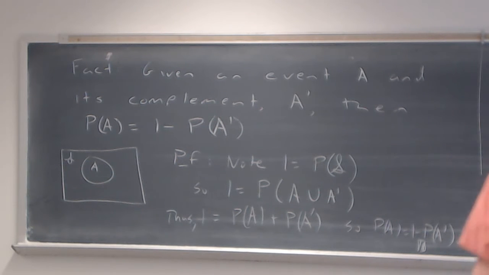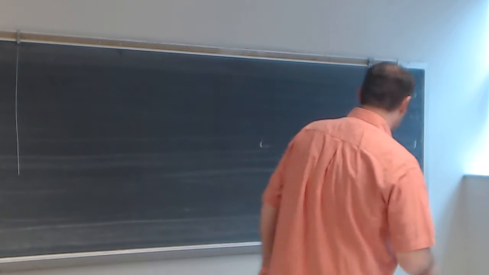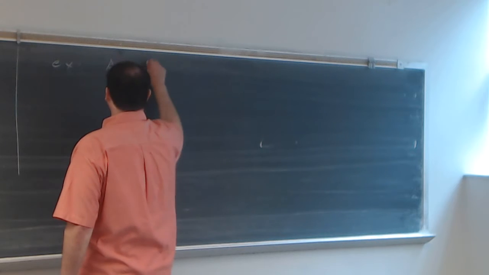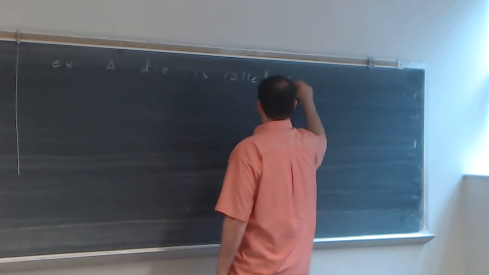That's what we have. I'd like to do an example where that's involved. An example I'm going to do has to do with tossing a coin twice. I'm sorry, rolling a die twice. So a die is rolled twice.